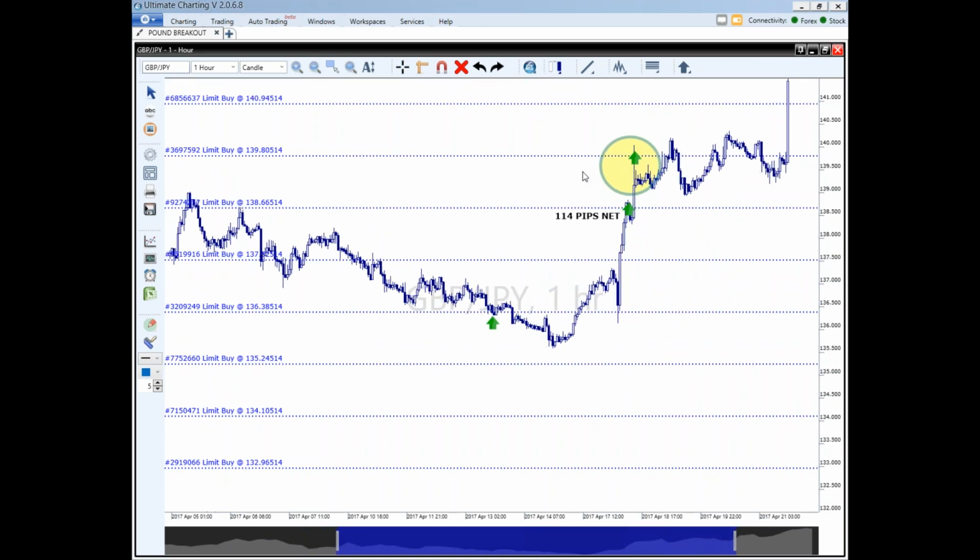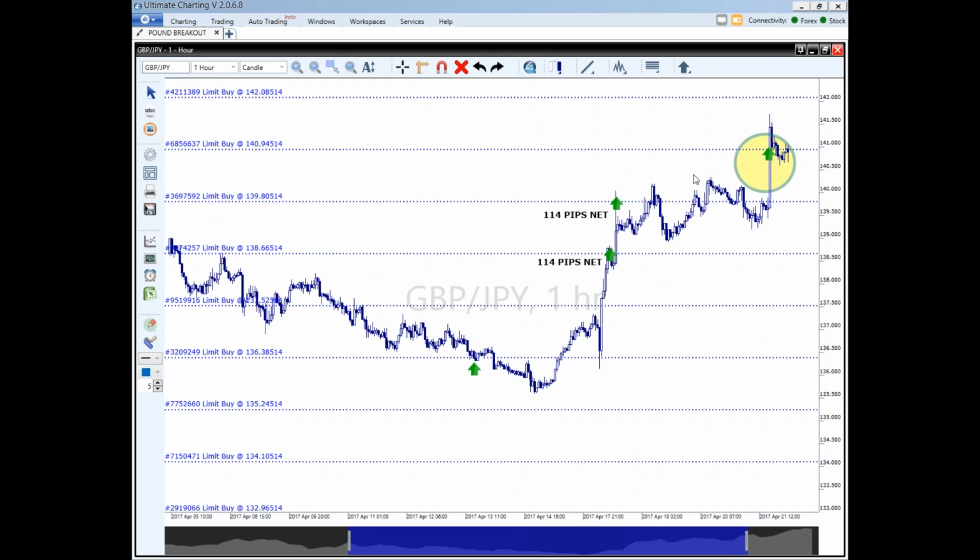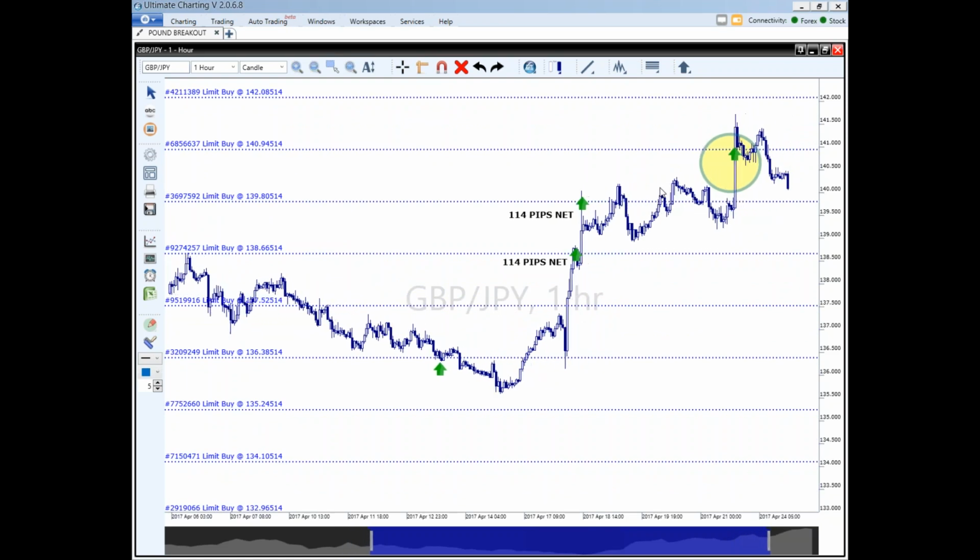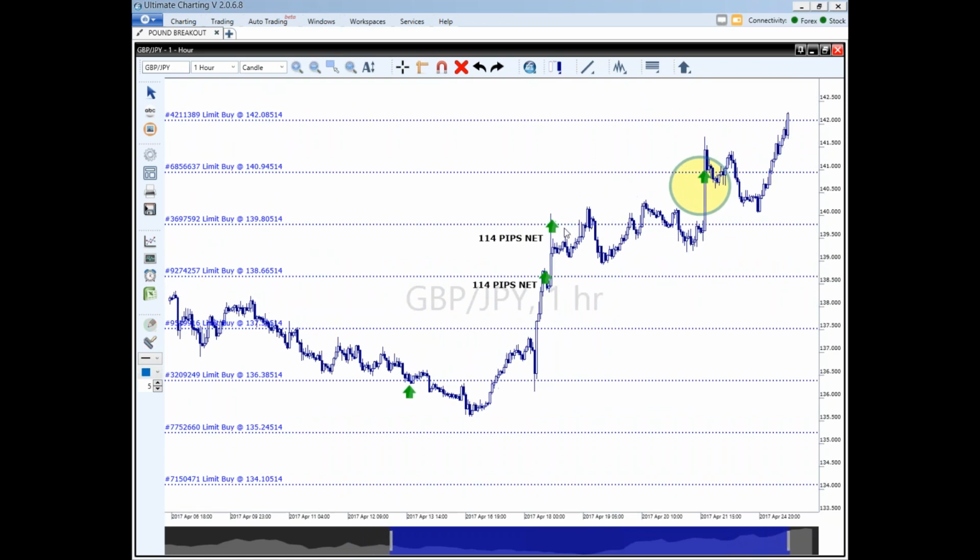And the market hits another 114 pips net. And you're resizing in the market once again. Okay, the market strikes another 114 pips net for you right there. So you resize back into the market.